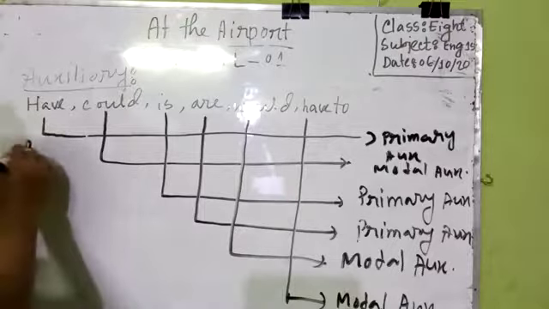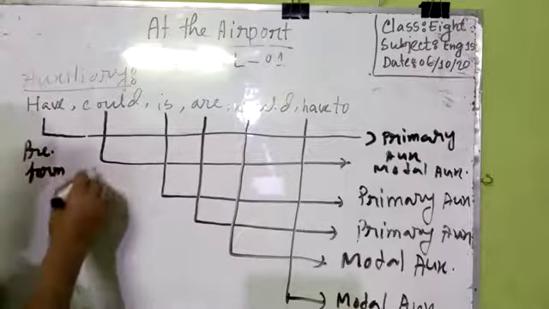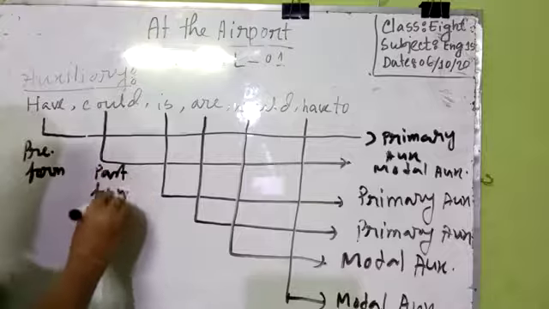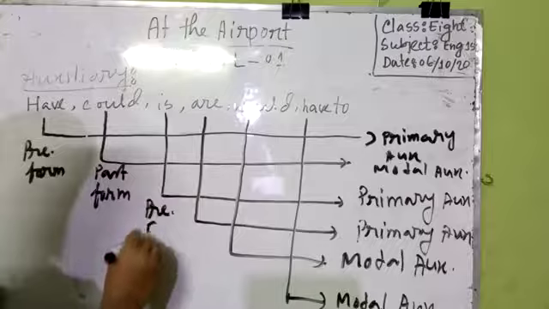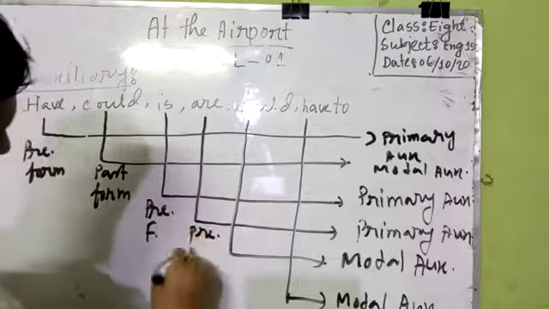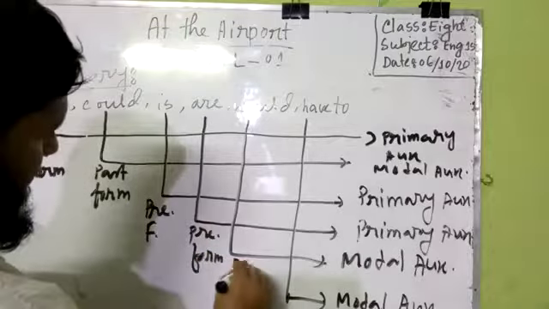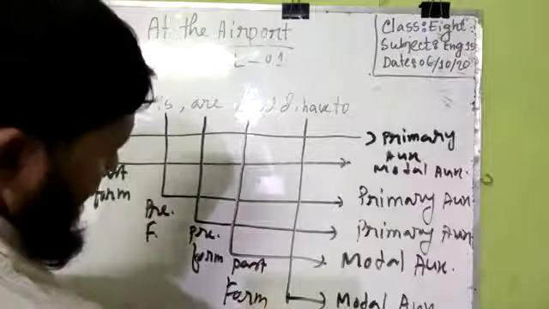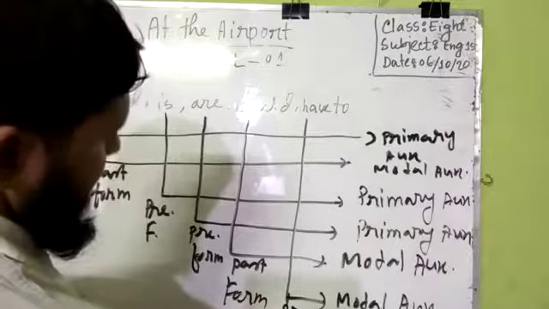Could, first form. Is, present form. Are, present form. Would, first form. Have to, present form.